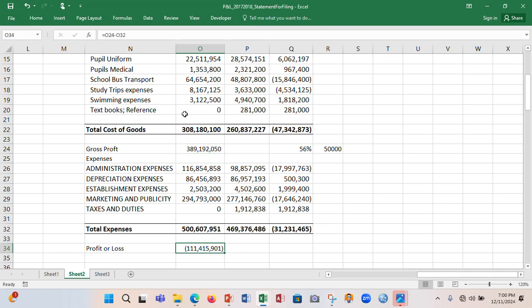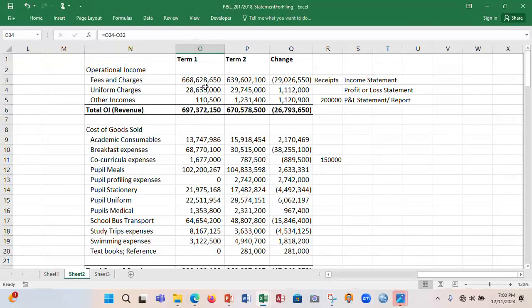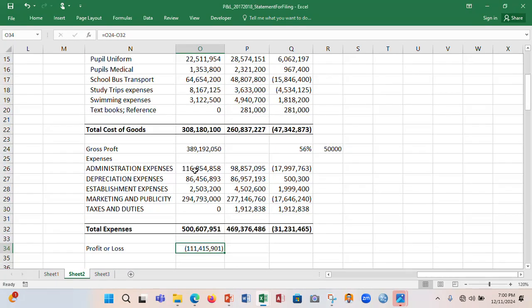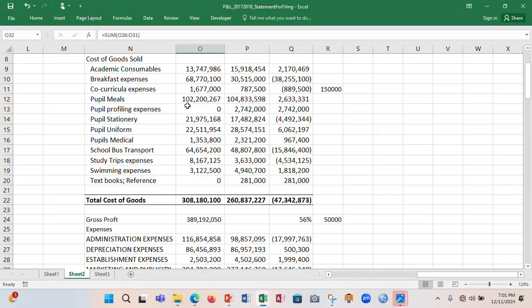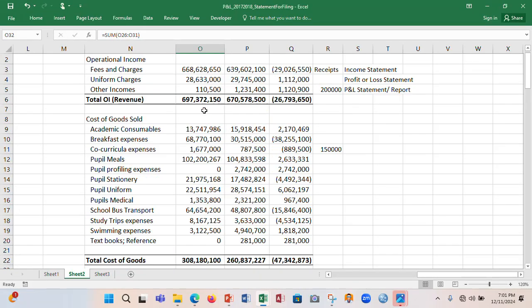Just assume that all these people paid the fees and all of them have completed, and you incurred these expenses to this level, you'll be making losses. You need this money either to get it as a loan to keep the institution running, because you're spending beyond your gross profit, meaning you've spent all the money that you have.